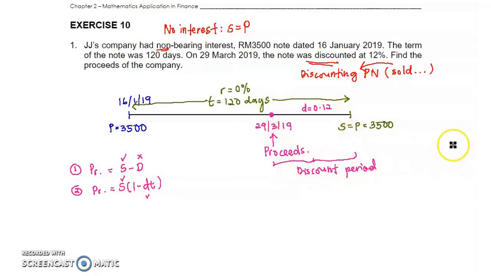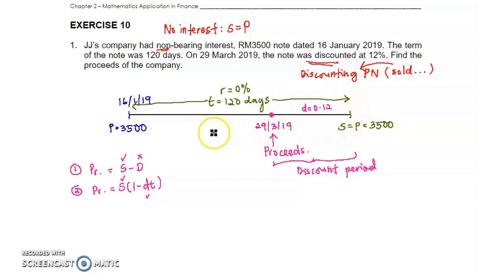In this case, we know that the term of the note is 120 days, from 16 January until here. So how to find the discount period? Based on this timeline, if you have the maturity date here, you can calculate the number of days from 29 March until maturity date. But now we don't have the maturity date.